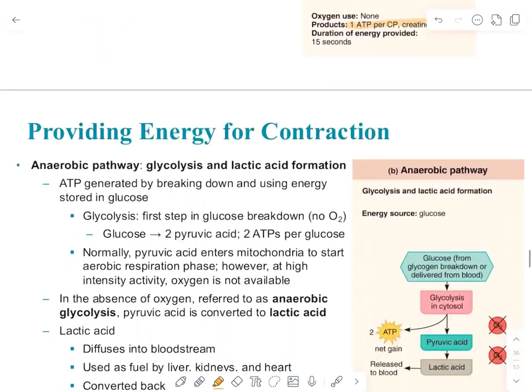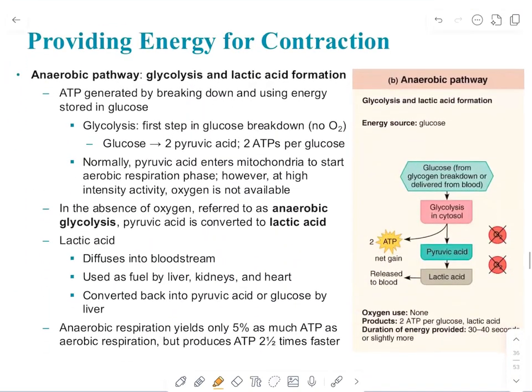The next way to generate ATP is through the anaerobic pathway. Anaerobic means without energy, or I'm sorry, without oxygen. The ATP is generated by breaking down and using energy stored in glucose. The first thing that happens is what's called glycolysis.